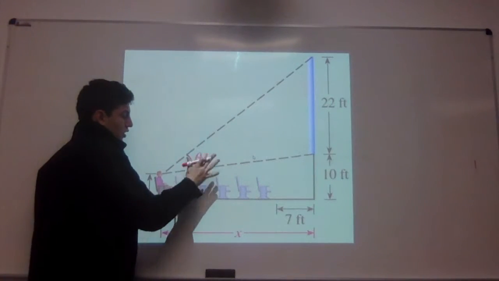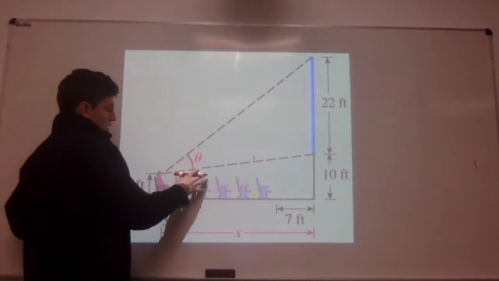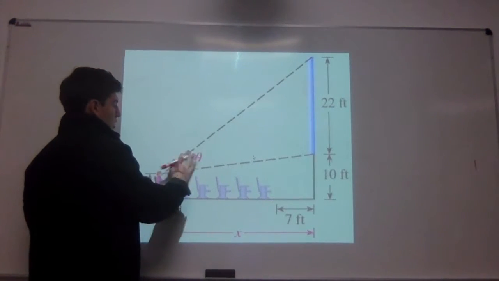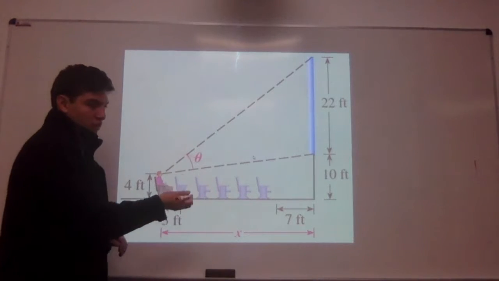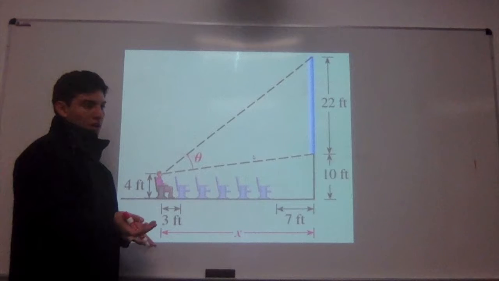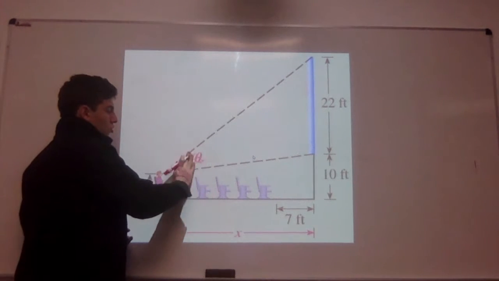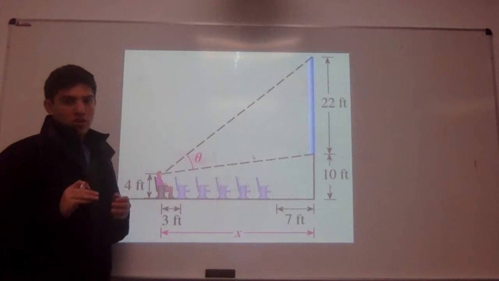This angle is the angle of visualization of the person. The person wants to have the bigger angle of visualization. In this case, we don't know the angle, but in the case it is theta. So we're going to do this.